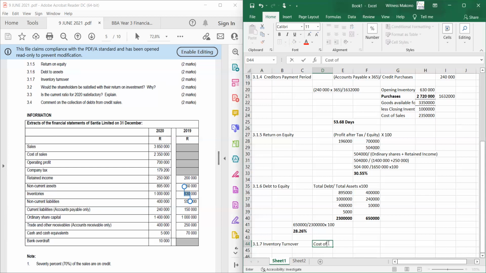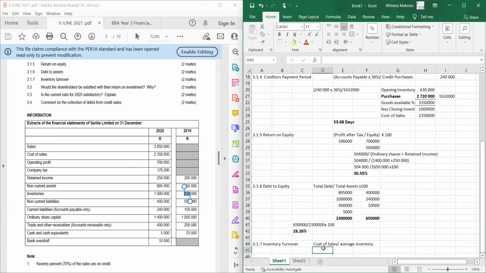Cost of sales divided by average inventory. You said the moment you see the word turnover, it's inventory. It's the number of times, like turnover. How many times do you sell your inventory?